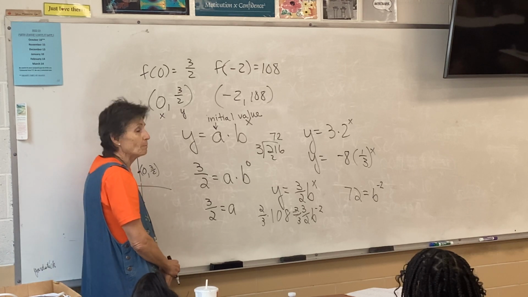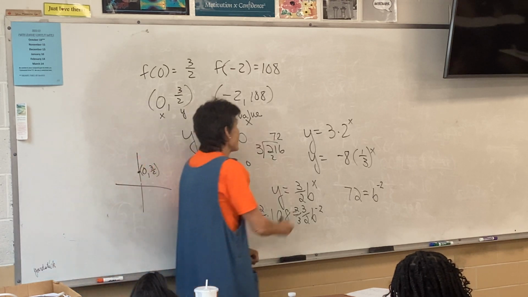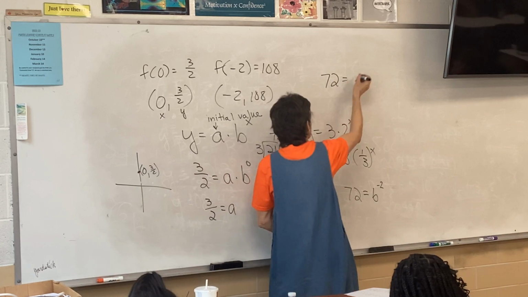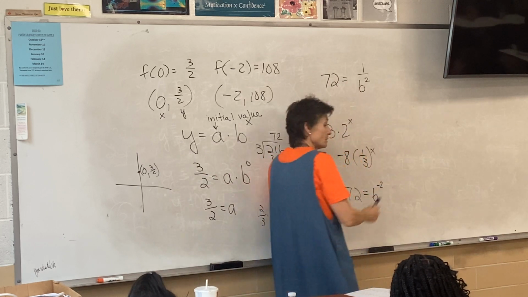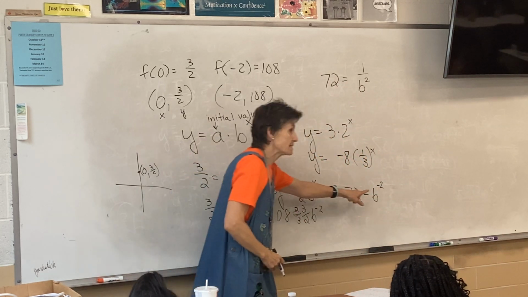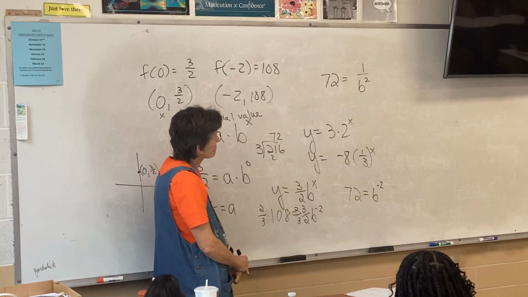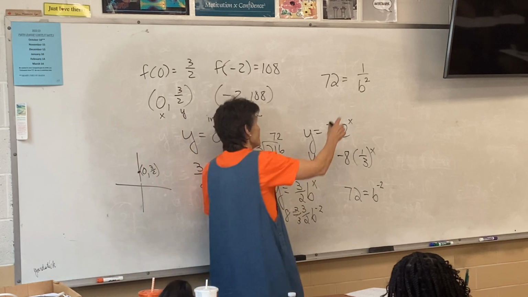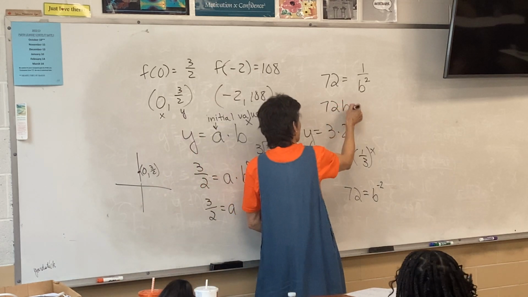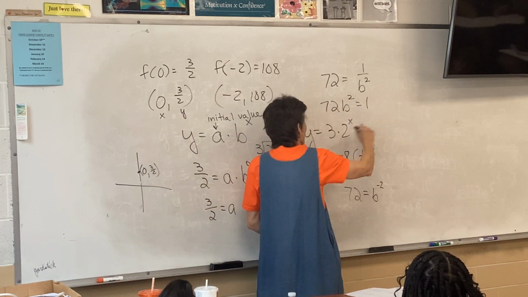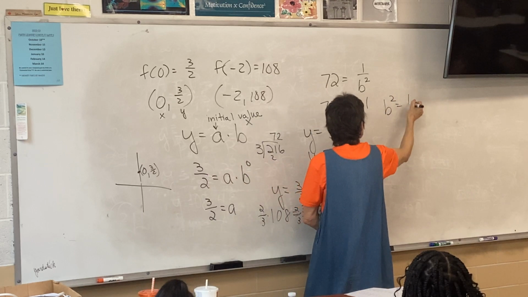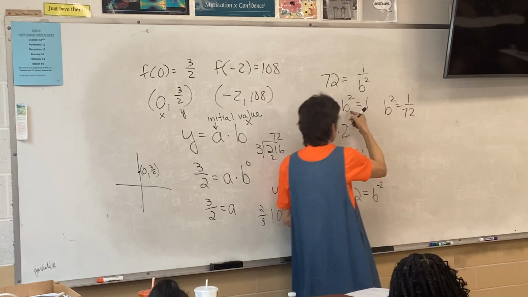So what do I do now? 1 over b squared. So 72 equals 1 over b squared, right? Because that's a negative exponent. Could we multiply to clear the fraction and then divide to get b by itself or almost by itself?